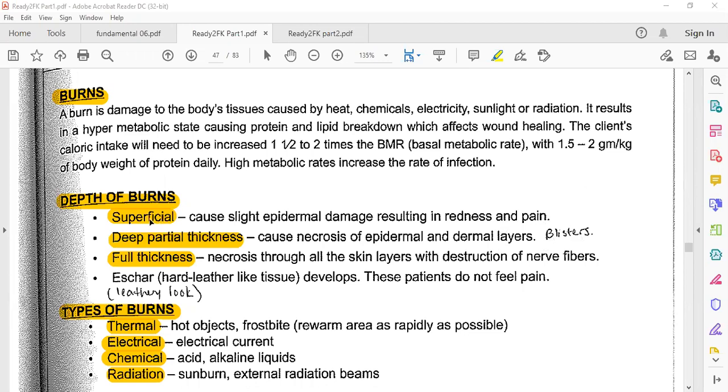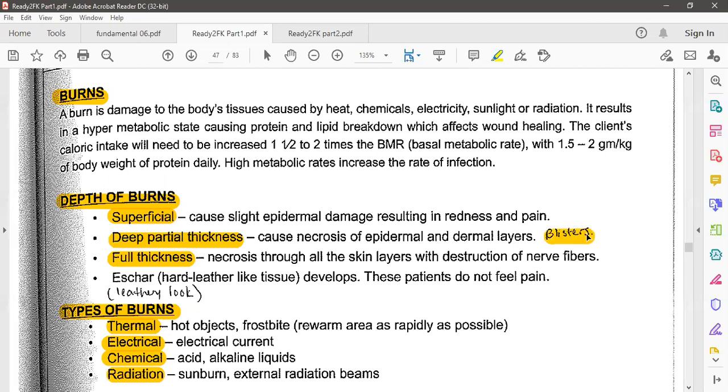But in the superficial or first degree burn, no blister forms. But here, there is blister formation. Especially the superficial partial thickness burn damages the entire epidermal layer. As with superficial burns, red and pink skin occurs, but with blisters. Like the superficial burn, the superficial partial thickness burn is also painful.